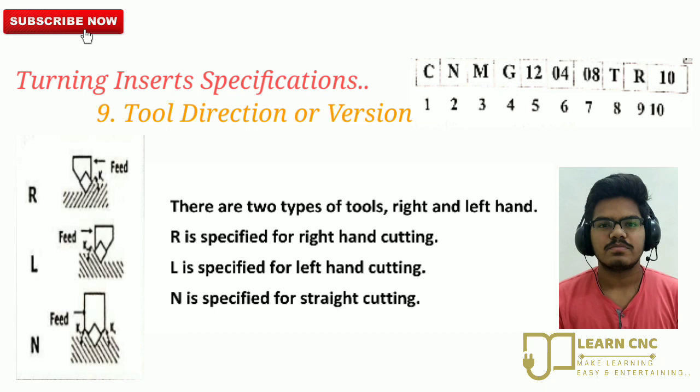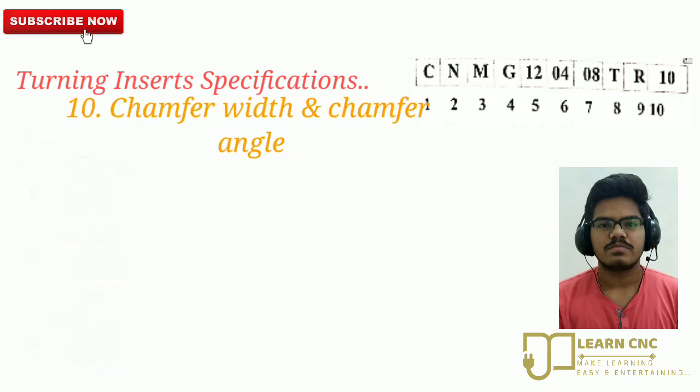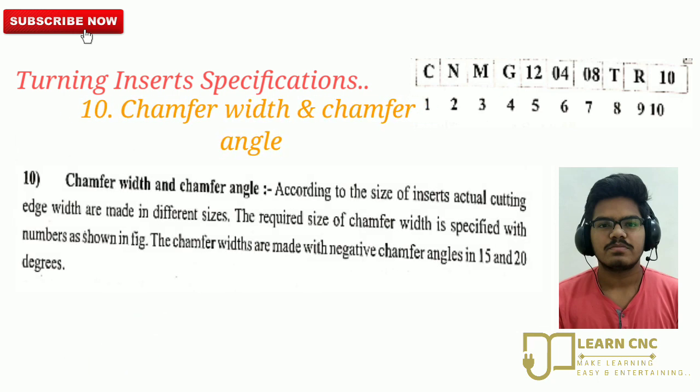The hand of the tool is specified R for right hand cutting, L for left hand cutting and N for straight. Then the tenth is chamfer width and chamfer angle. According to the size of inserts, actual cutting edge widths are made in different sizes. The required size of chamfer width is specified with numbers. The chamfer widths are made with negative chamfer angles of 15 and 20.